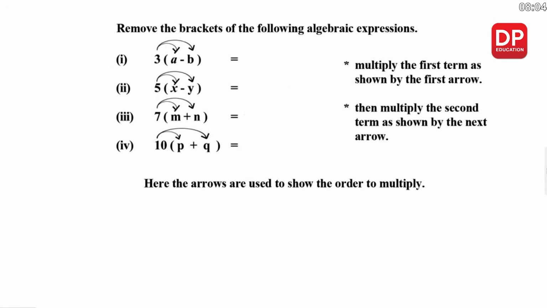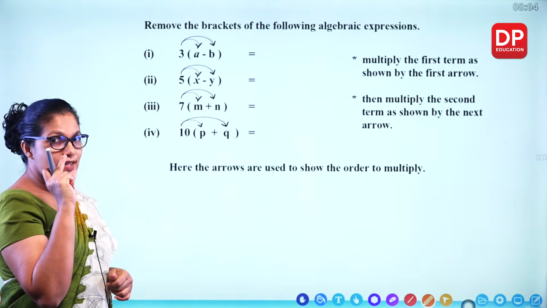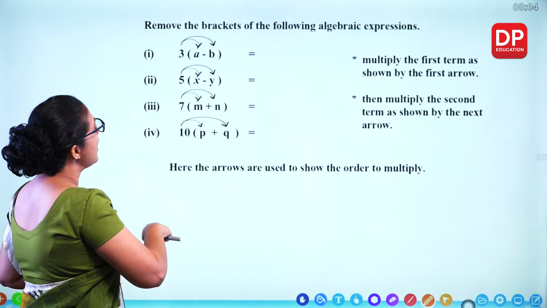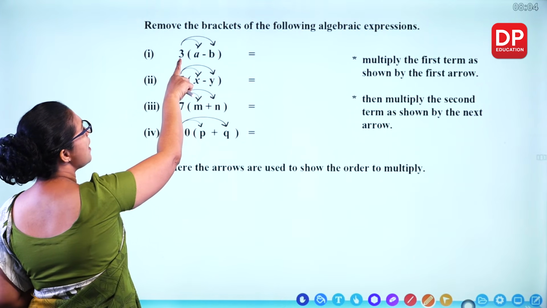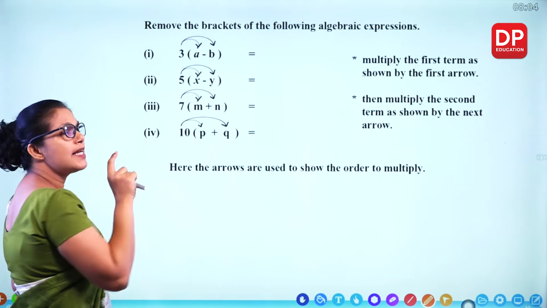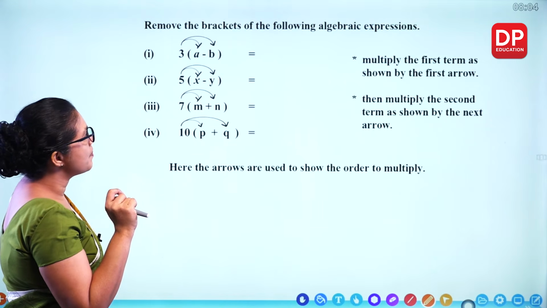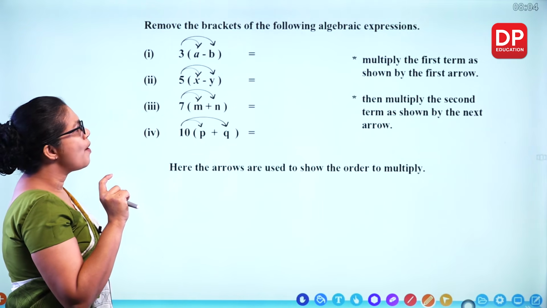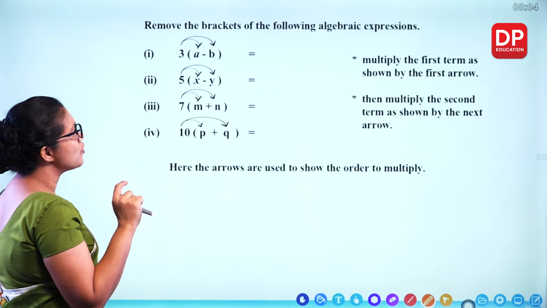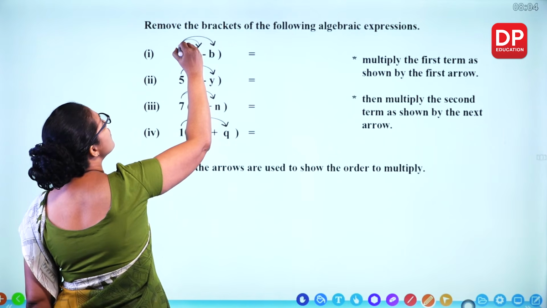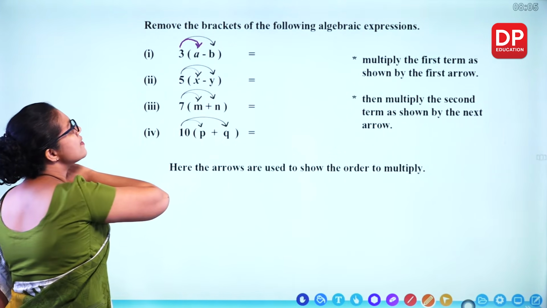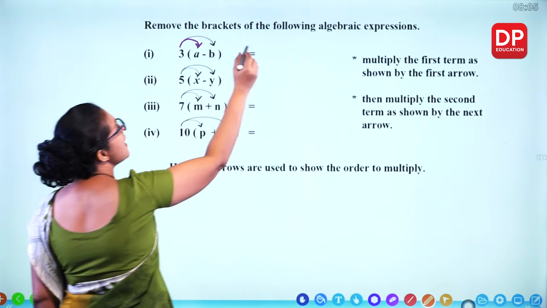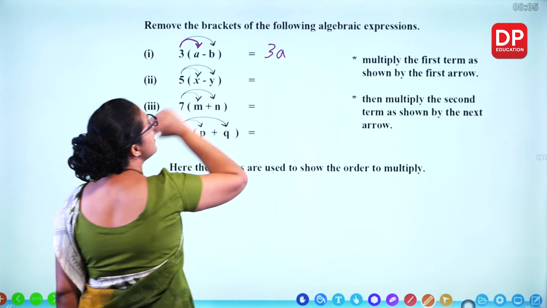Remove the brackets of the following algebraic expressions. Now we can use the knowledge you gained from the previous two questions. There's a number in front. This is a minus b, the algebraic expression. So what you do, multiply the first term as shown by the first arrow. Multiply this value here. 3 times a, 3a.